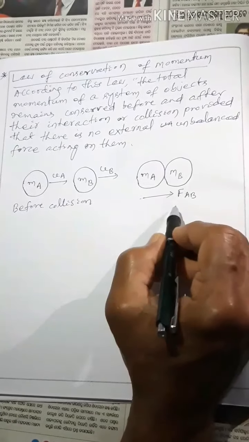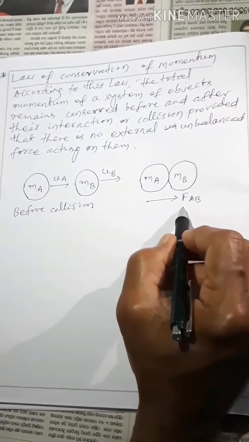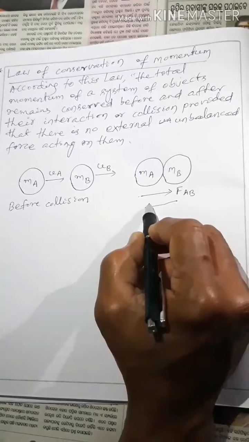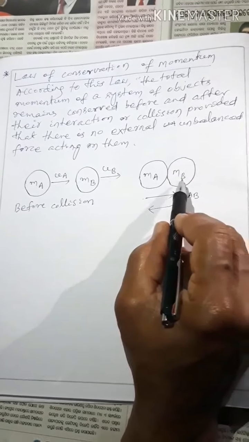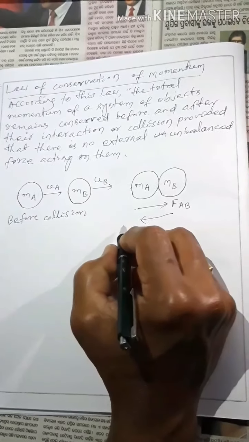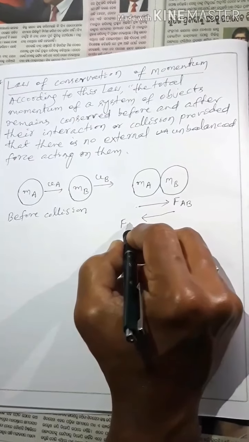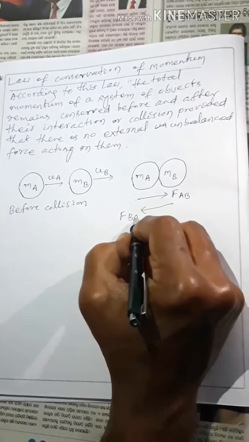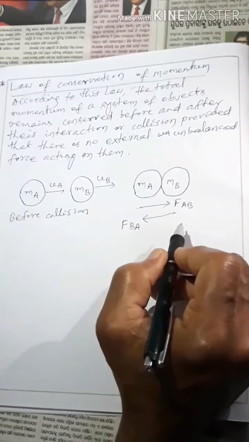Next, what will happen? Then the reaction force, that is, the reaction force exerted by body B on A. So that is FBA. Clear?